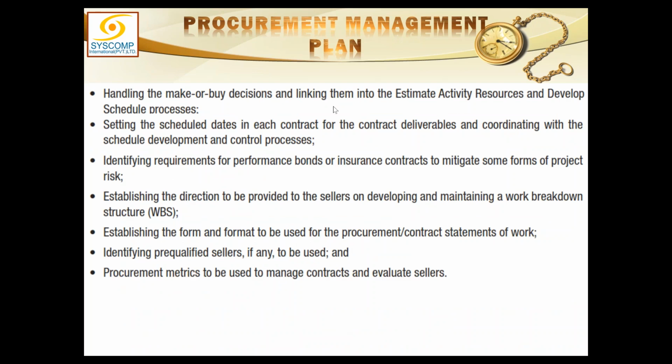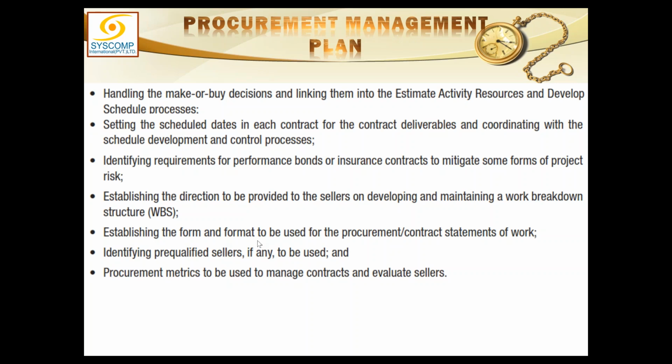Handling the make or buy decision and linking them into estimate, activity resources and schedule processes. Setting the schedule dates in each contract for the contract deliverable and coordinating schedule development and control processes. Identify requirements for performance bonds or insurance contracts. Establishing the direction to be provided to the sellers.